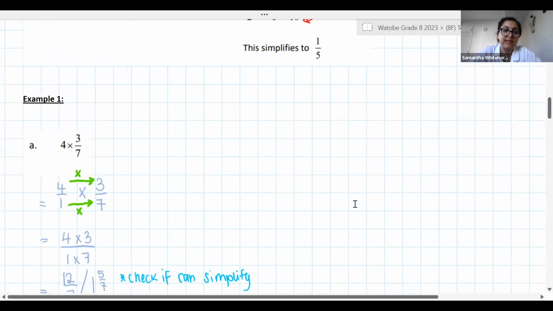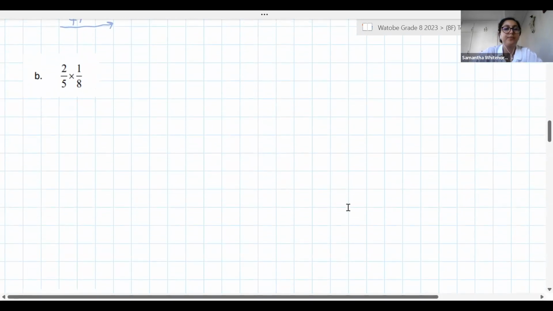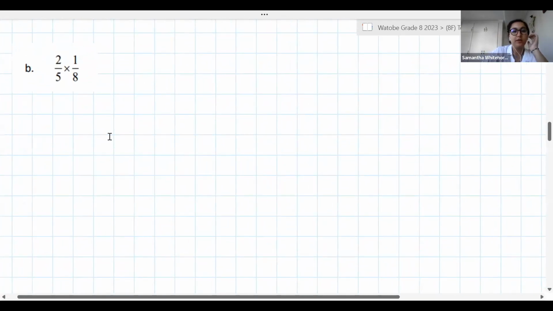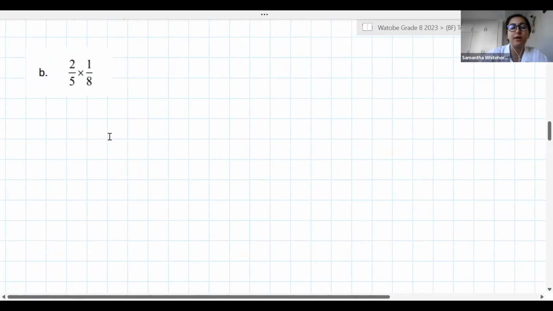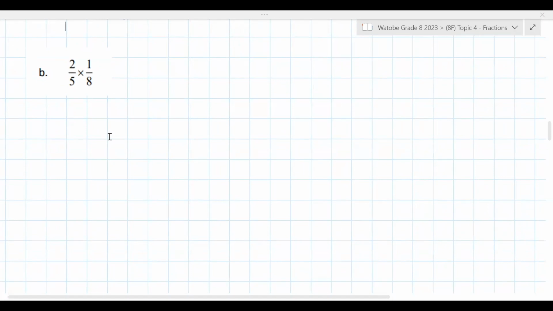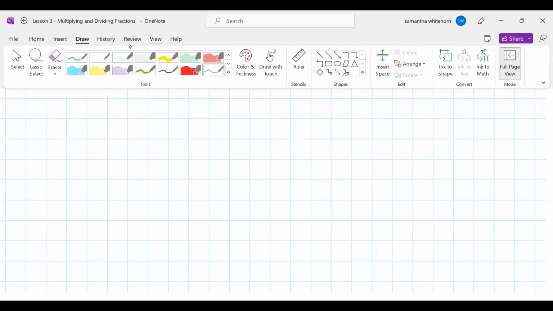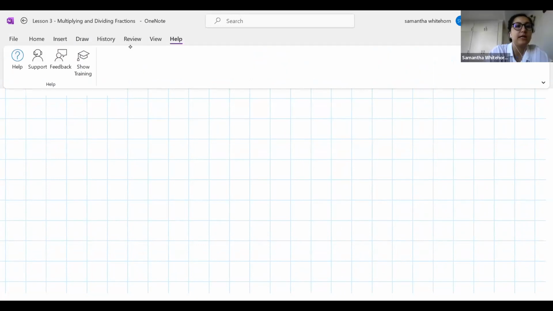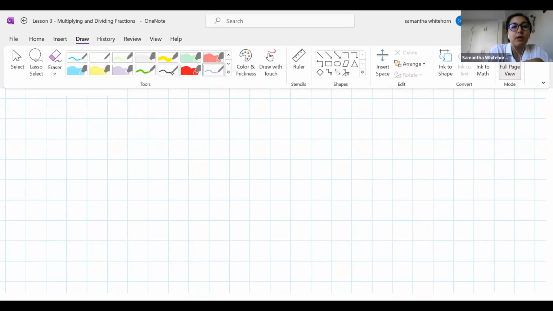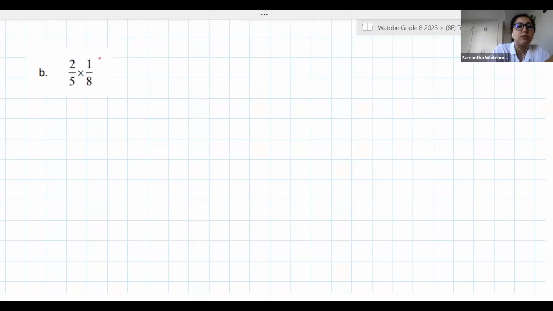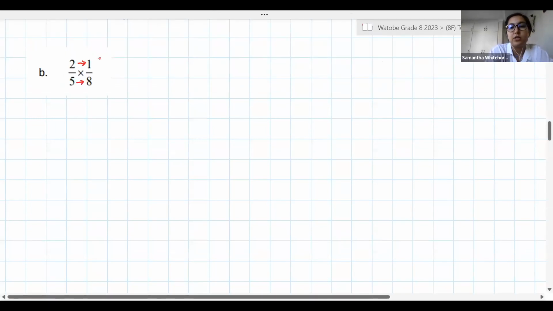Let's have a look at a second example. I'm going to get you to try this by yourselves, but I just want to remind you that whenever we are multiplying fractions, we always multiply the numerators together and multiply the denominators together.